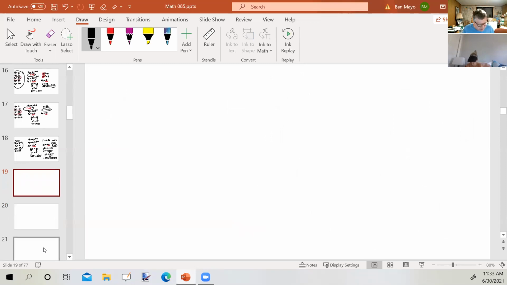This says, find the geometric means to be inserted in each geometric sequence. Same instructions as before. It says insert 3 geometric means, and then it says 2 positive and 1 negative between -64 and 1024. All right.